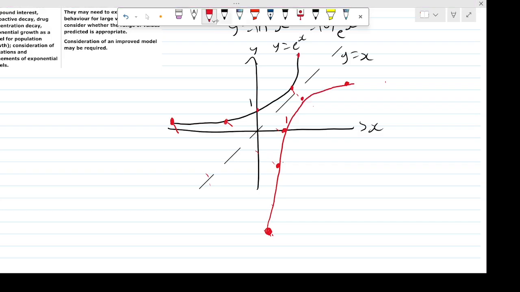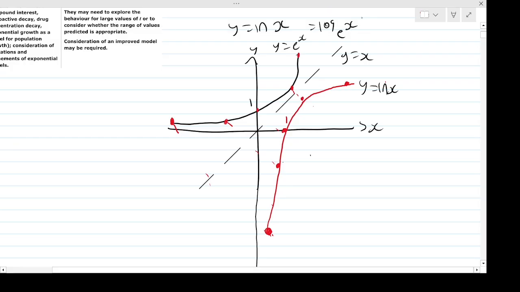And then if I continue the y-axis down, then actually you can spot that this red curve is going to be my ln graph. This is going to be y equals ln x, which is a reflection of the e to the x curve. So it's the inverse function.